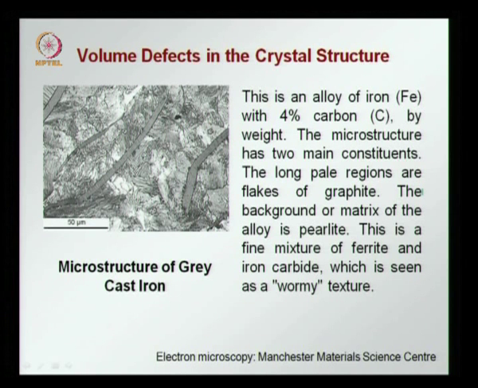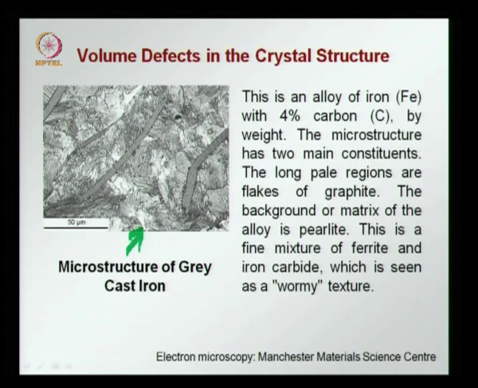Here you see a picture of grey cast iron. Cast iron is an alloy of iron with 4% carbon by weight. On the left you see an electron micrograph from the Manchester Material Science Centre, where you see that the microstructure has two constituents. The background or the matrix is the alloy called pearlite. This is this part.